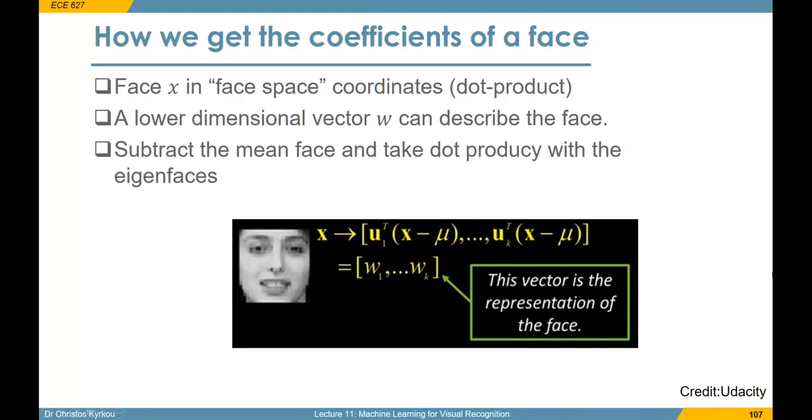Once we get an image, we subtract the mean, and we take the dot product with each of the eigenfaces, and we get the coefficients that represent this face.